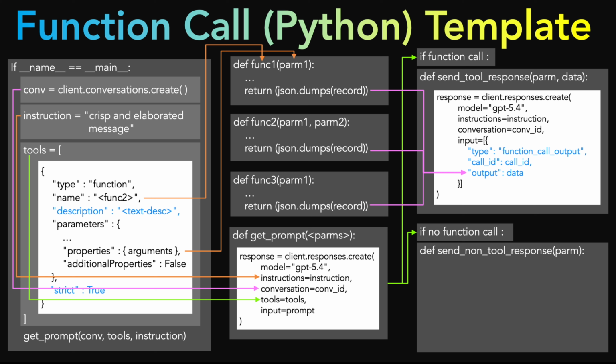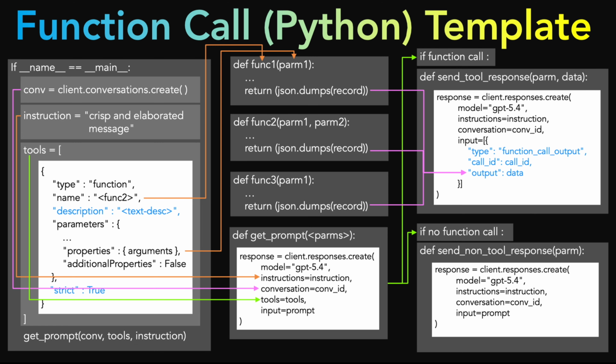So it will not contain any output of the function call. So we'll define another function for this. The response would be just like any other response. We have used this earlier also. So this is the template that we are going to use in our hands-on, and this is the template that you should use while using the function call in your GenAI application.